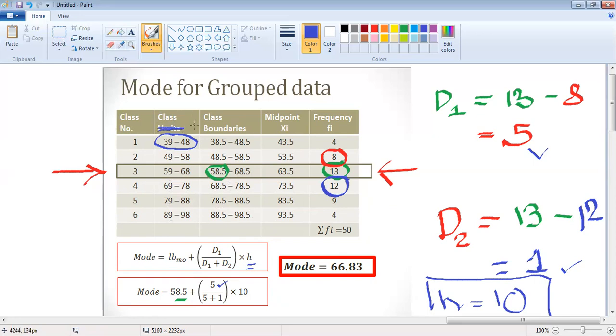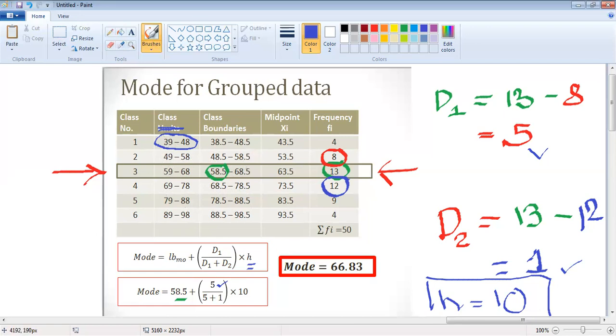It's the difference between the lower limits. So 49 minus 39 is 10, and 59 minus 49 is 10.